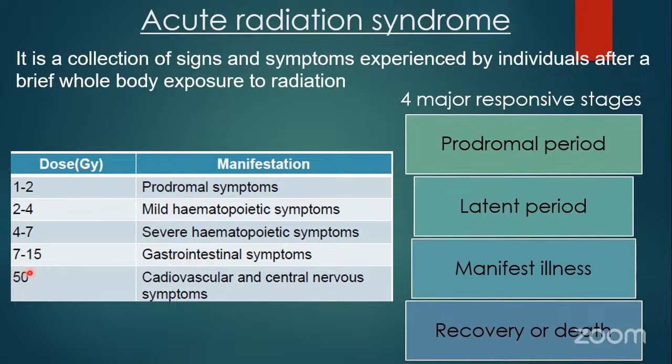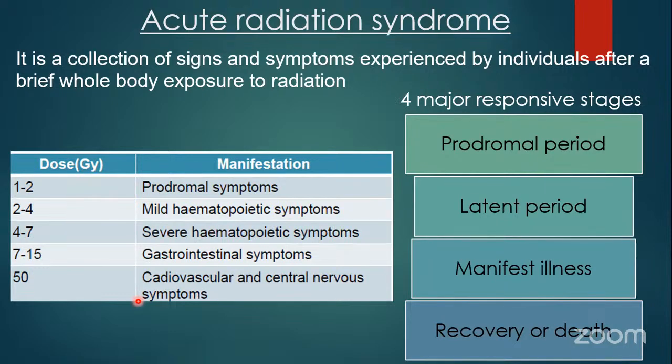And when it crosses over 50 gray, your CNS and your CVS will be affected. So the cardiovascular system and the brain are affected, which leads to dementia, disorientation, and all that. So these are the symptoms of acute radiation syndrome and the dosages at which they occur.